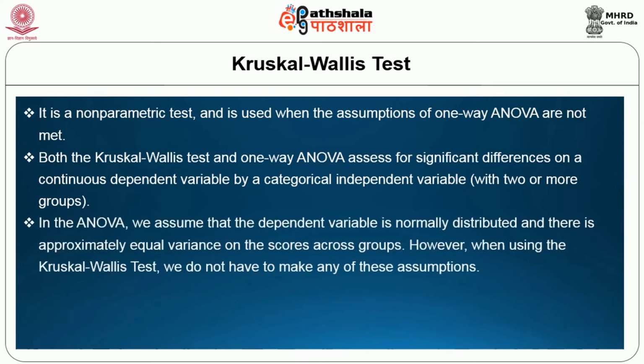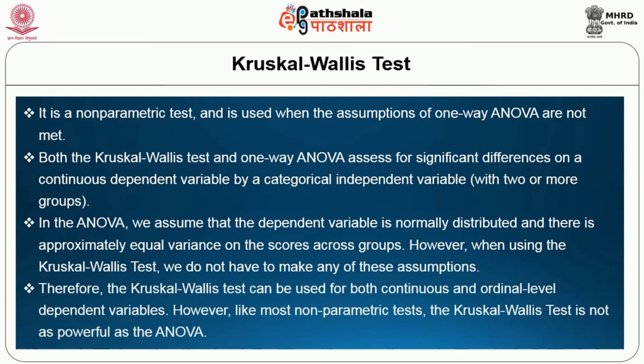In the ANOVA, we assume that the dependent variable is normally distributed and there are approximately equal variances on the scores across groups. However, when using the Kruskal-Wallis test, we do not have to make any of these assumptions. Therefore, the Kruskal-Wallis test can be used for both continuous and ordinal level dependent variables. However, like most non-parametric tests, the Kruskal-Wallis test is not as powerful as ANOVA.